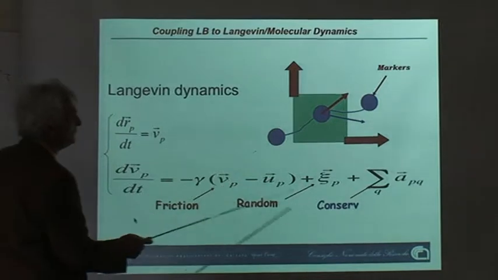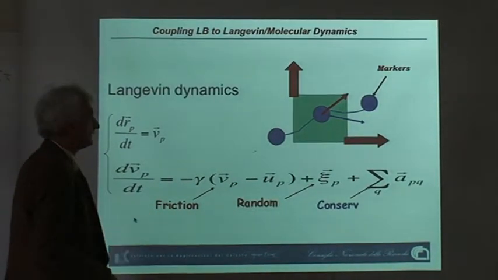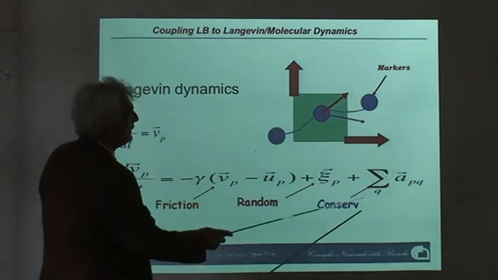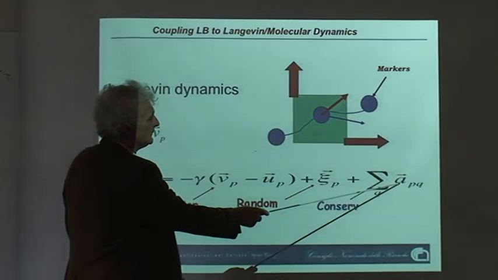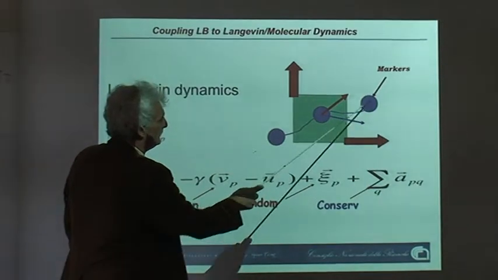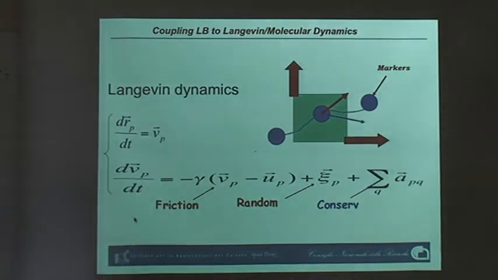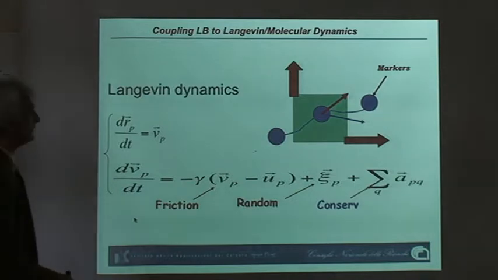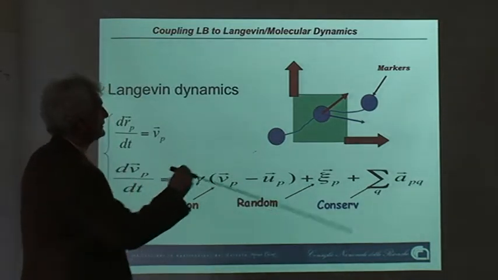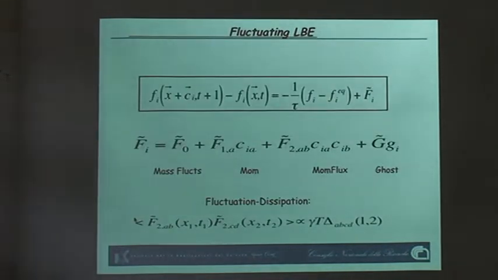So this is friction. There is random noise, which is the fluctuation due to the fact that you are nanometric. And there are, of course, the conservative interactions, the potential interaction between particle and particle. So this is pure molecular dynamics. By doing that, that's the way we did the DNA translocation problems. You can just study the motion of biopolymers in nanoconfined fluids, and so that's a very interesting application.